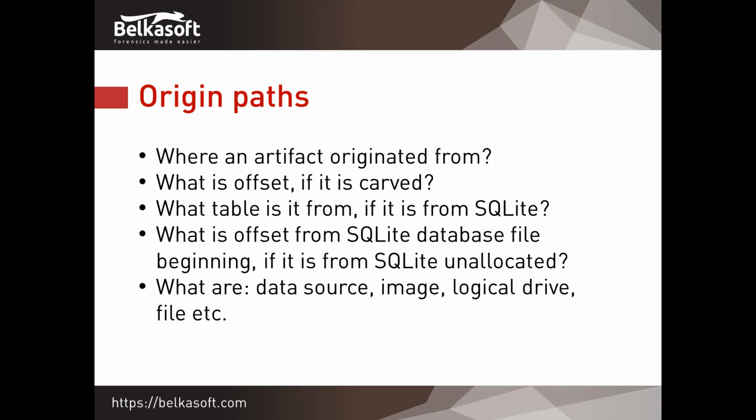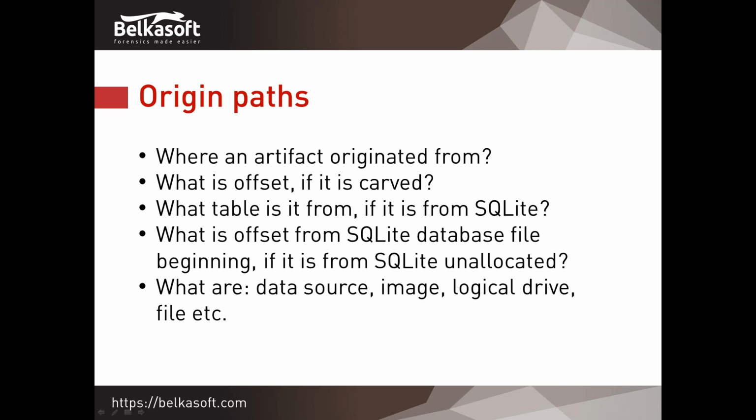Next important thing is something we call region paths. There are a number of questions you are asked about artifacts if they are extracted automatically by the software, not by you. Where did this or that artifact originate from? What is the offset of an artifact if it was carved from somewhere?